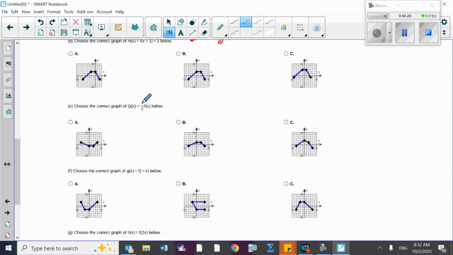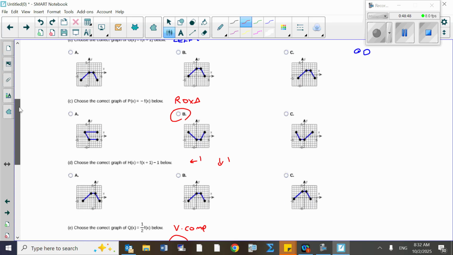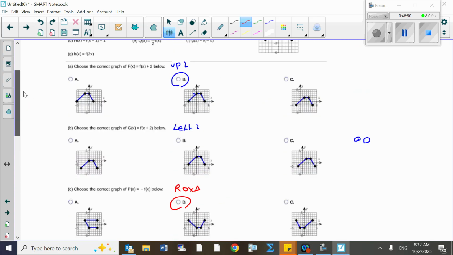Next one is 1/2 times f of x. This is a vertical compression. So the graph which is shorter basically is going to be our graph. It's going to be shorter and wider. And that's going to be this one, because the graph is half as tall compared to the original one.